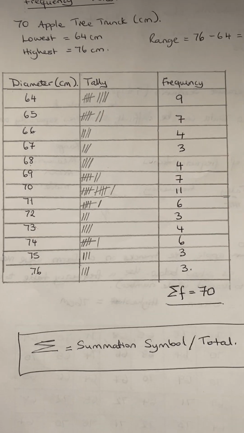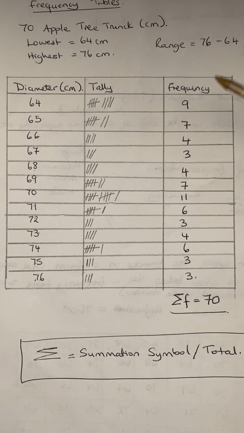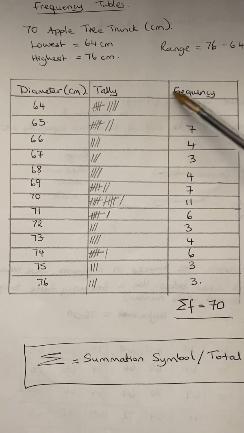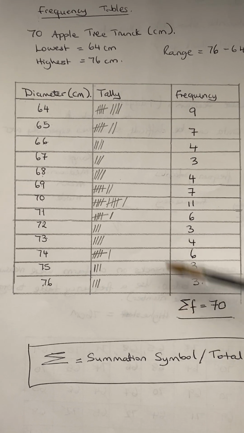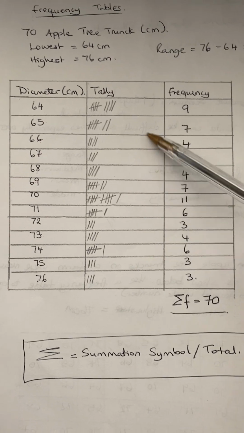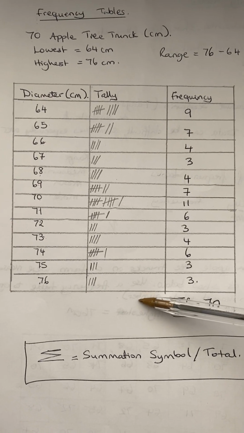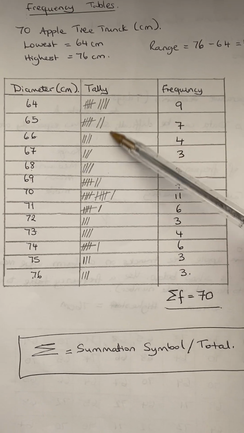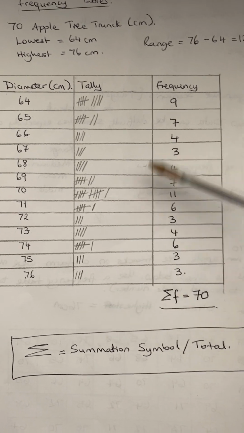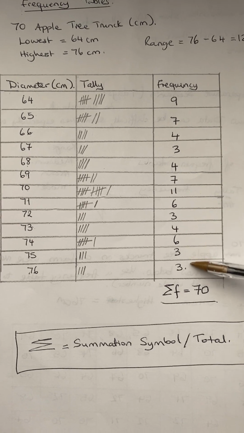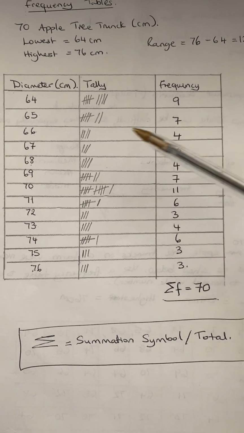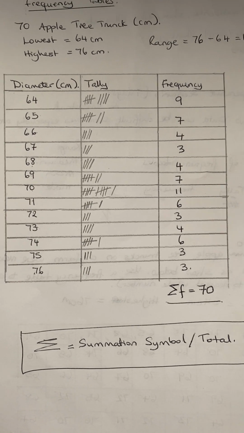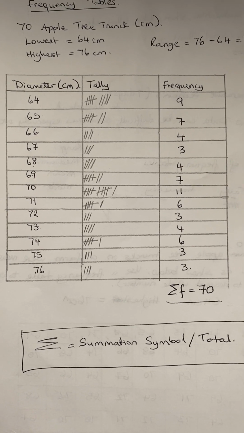But today, I'm just going to introduce and explain to you how to do a tally table, so that when it gets to grouped data, you already know how to label it and how to do the frequency table, so that we can use it to plot our graph. So that is the purpose of today's lesson.